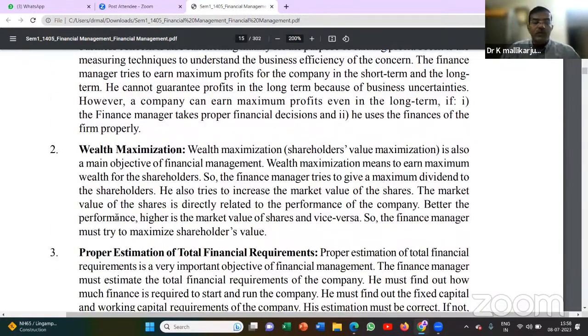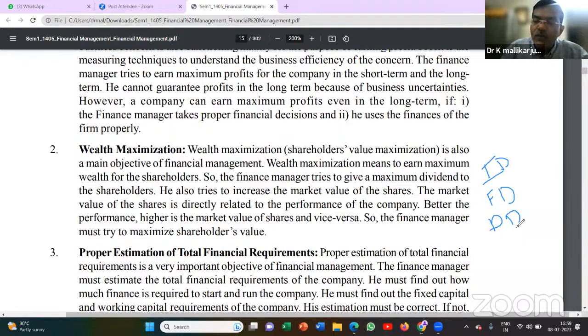Now, the second objective of financial management is wealth maximization. Whose wealth? The shareholders' wealth has to be maximized. This is the main objective of financial management, maximizing the shareholders' wealth. How is it possible? It is possible through taking appropriate financial decisions. The three financial decisions are the investment decision, the financing decision, and the third is the dividend decision.